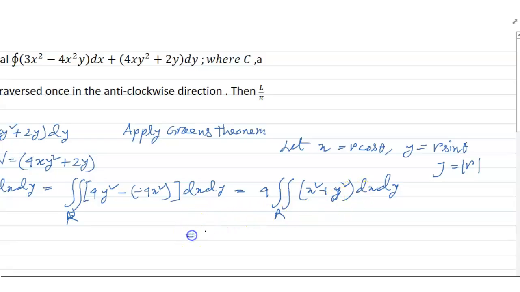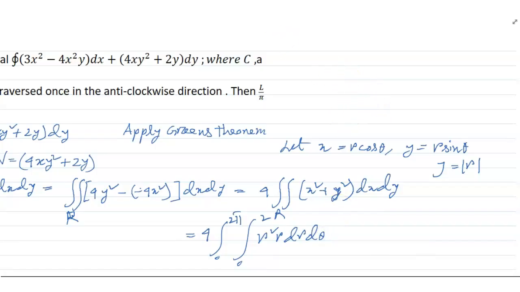So we can get 4 times the integral from 0 to 2 pi, and 0 to 2, of r² into r dr d theta.